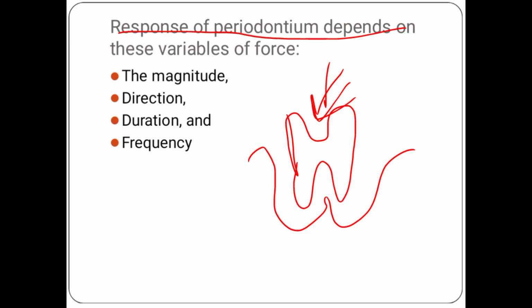So the space will become wide, there will be an increased number of periodontal fibers, and there will be increased density of the alveolar bone. Okay.